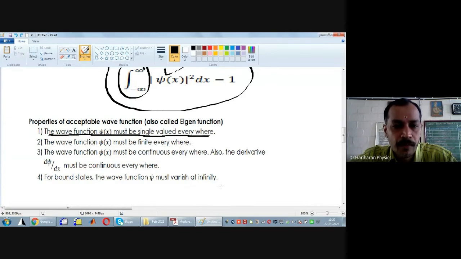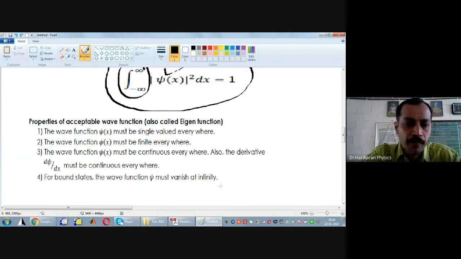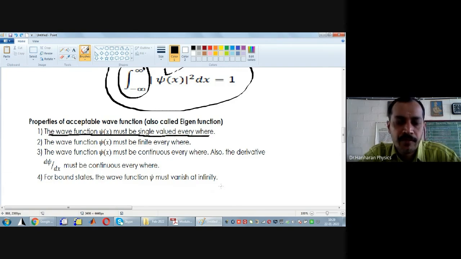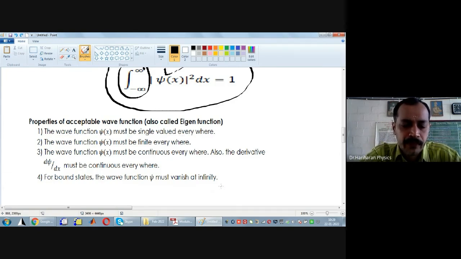So what are the four properties of wave function? The wave function must take only one value in our region of interest, for example, from 0 to lambda 1. So the wave function must take only one value or single value in our region of interest.